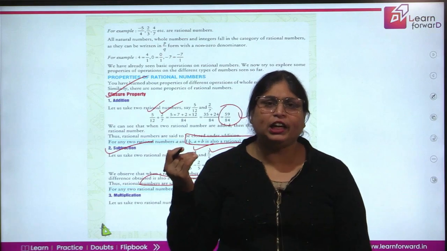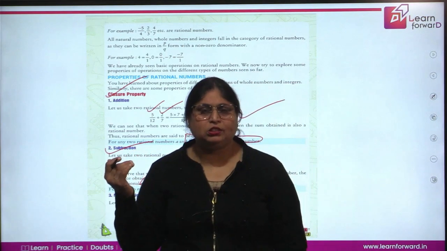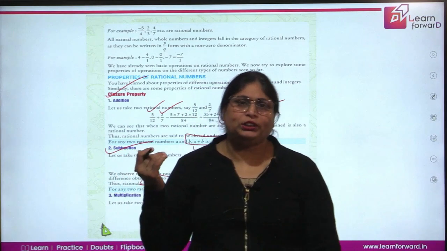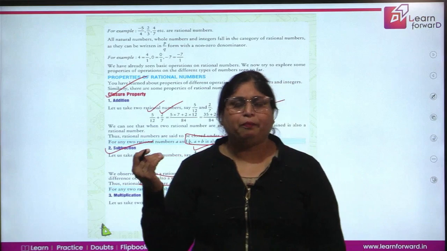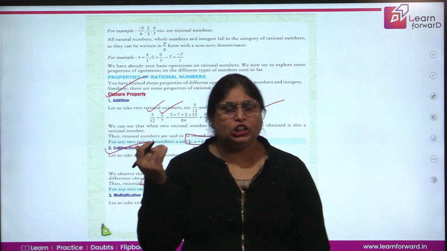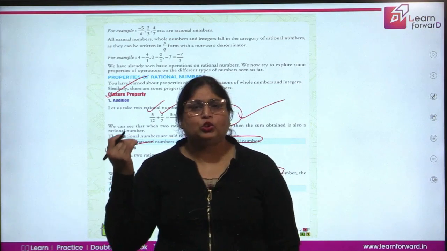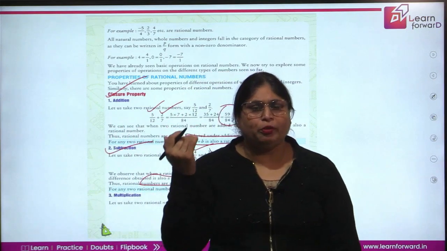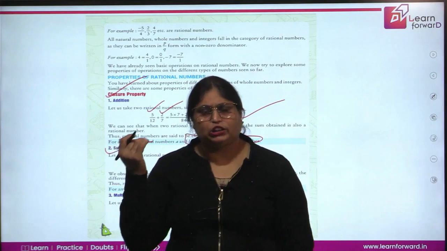So, is it a rational number? Yes. Okay. So, you are saying it is a rational number. Why is it a rational number? Because 1 is a positive integer, and 4 is again a positive integer. So 4 is the denominator and it's not equal to 0. So 1 upon 4 is a rational number.